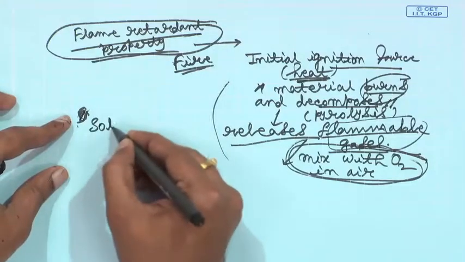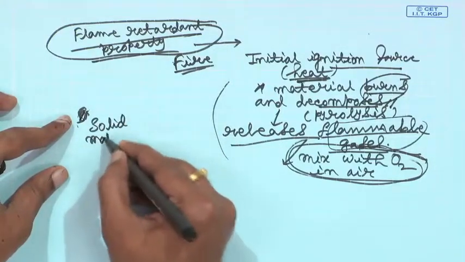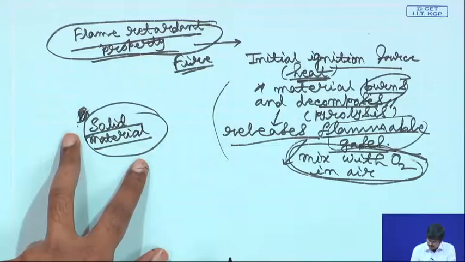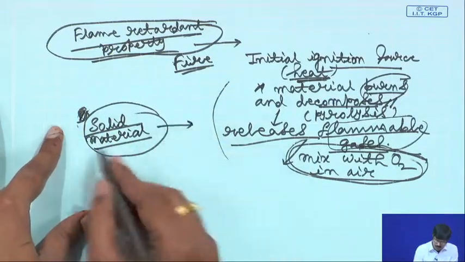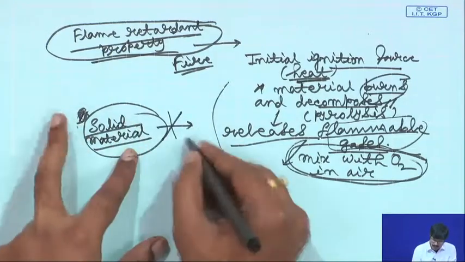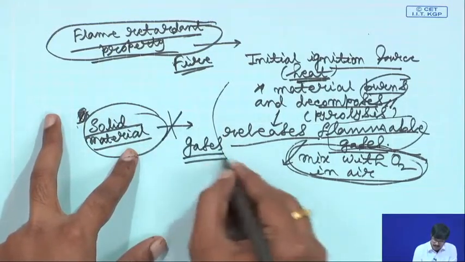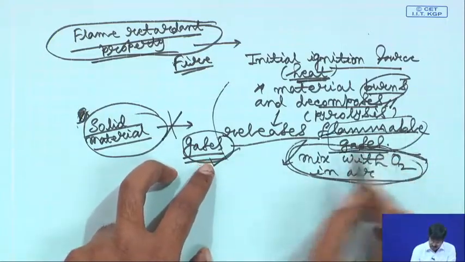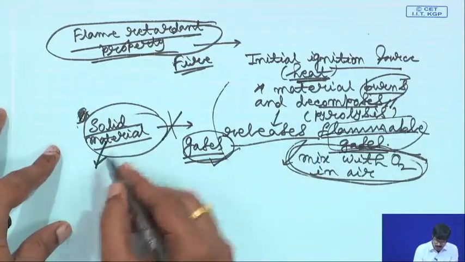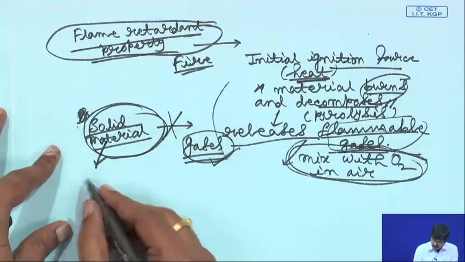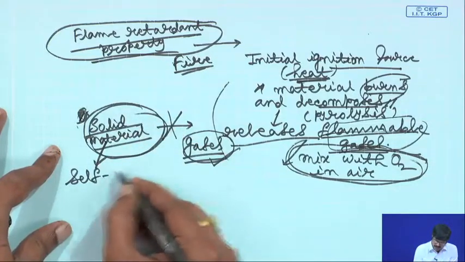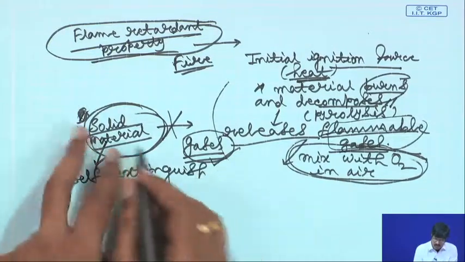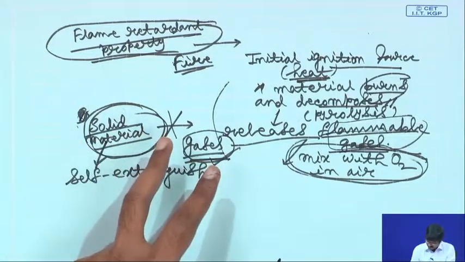What you can do is stop the decomposition of this solid material into these flammable gases. Then the fire will not get any fuel and it will stop. Basically your solid material will self extinguish if you can stop the formation of these gases.